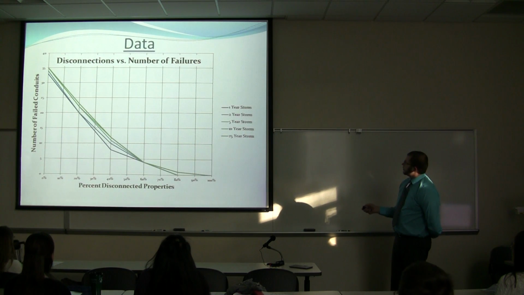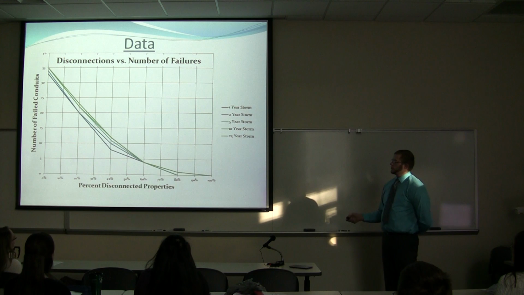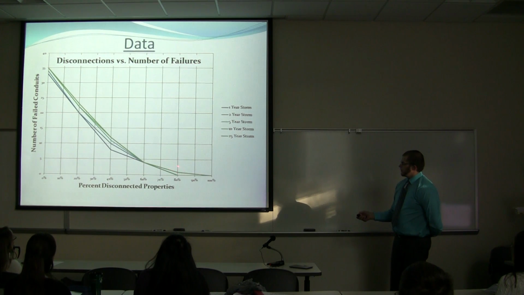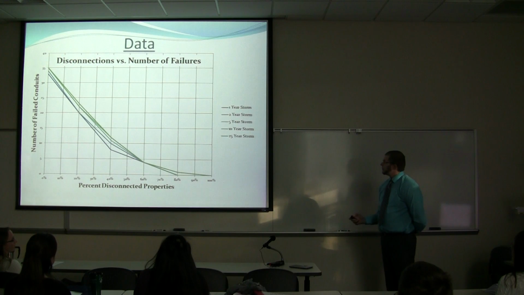This is our graph that shows that as we disconnect the roofs from the combined sewer system, there's a remarkable drop in failed conduits, and around 80% is when you get your optimum reduction.